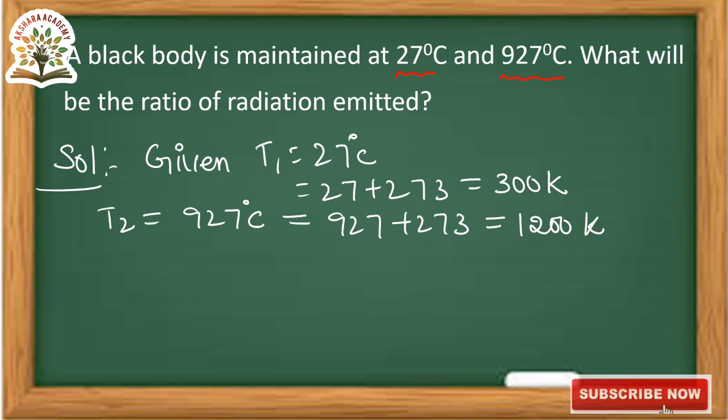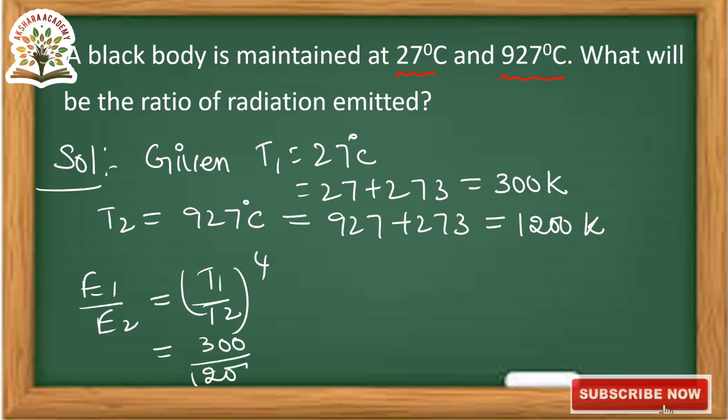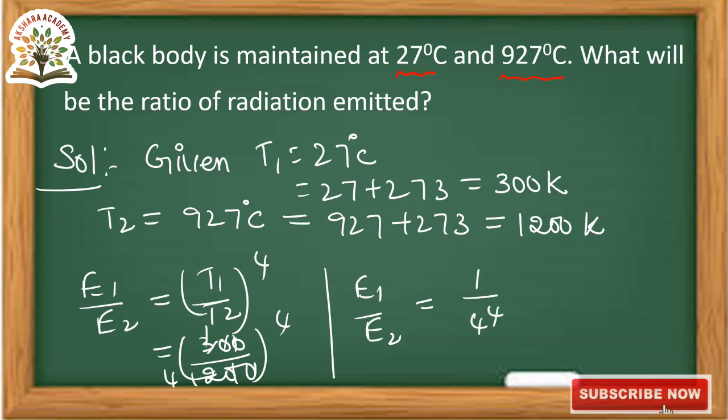So the formula: E1 by E2 is equal to (T1 by T2) whole to the power of 4. So substituting values, T1 nothing but 300, T2 nothing but 1200, whole to the power of 4. The zeros cancel, 3 ones, 3 fours. So E1 by E2 is equal to (1 by 4) to the power of 4, that is 1 to the power of 4 by 4 to the power of 4.